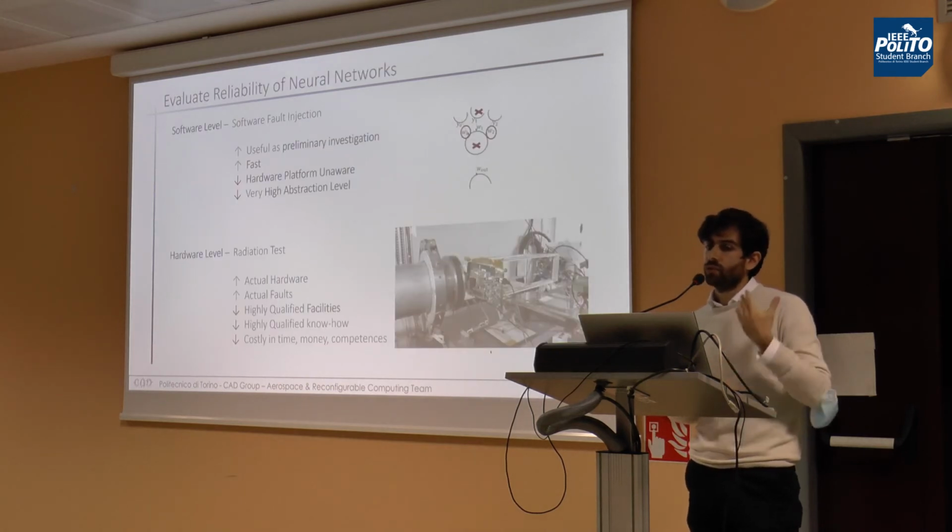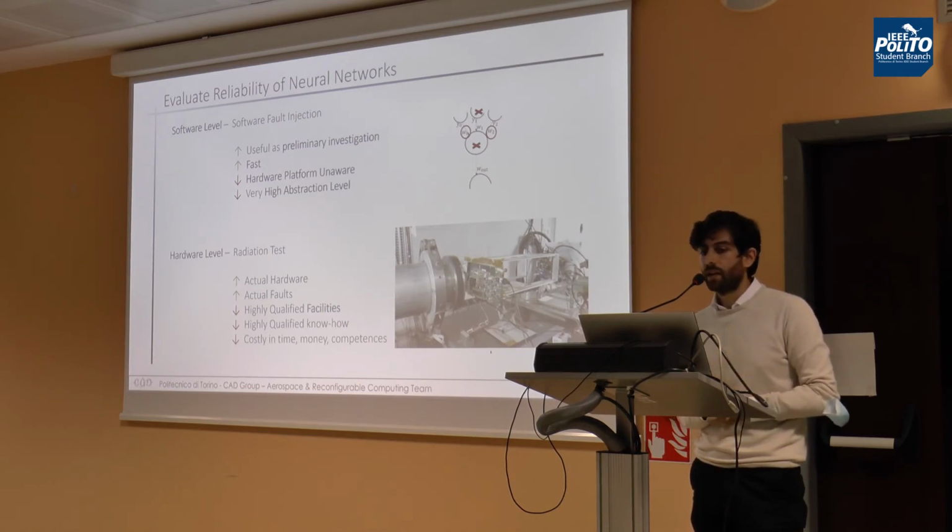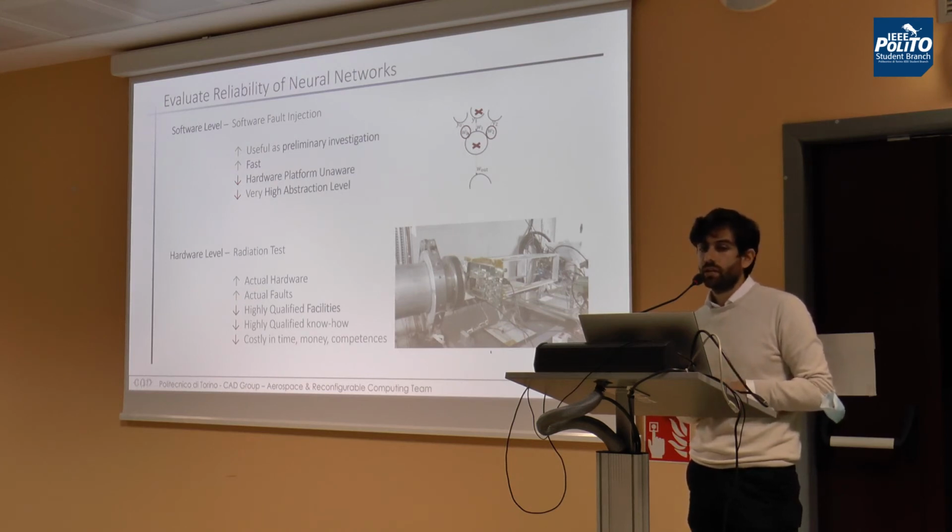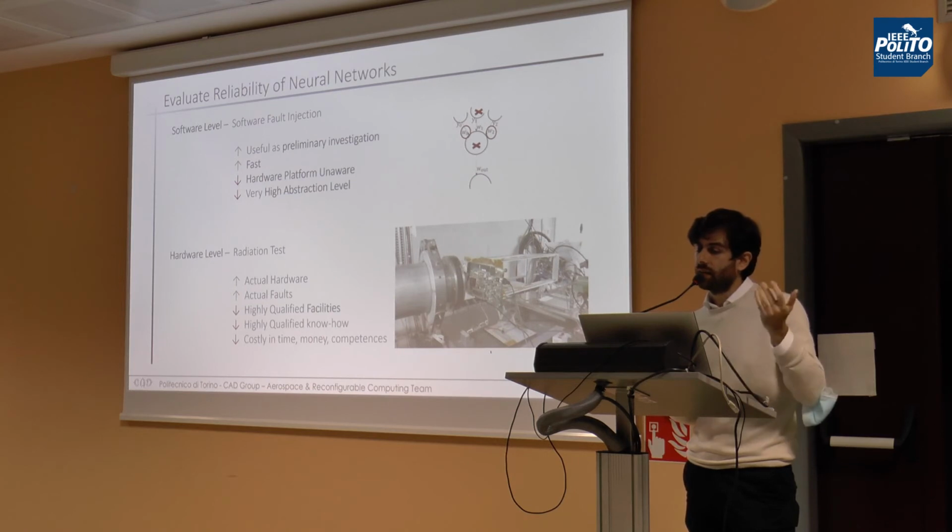So there are many sources that can produce a failure in a system. We need to evaluate the reliability of the systems against this kind of faults. There are two main techniques to do so. One of them is a high-level analysis of the software that runs on a hardware. It is good for preliminary investigation.